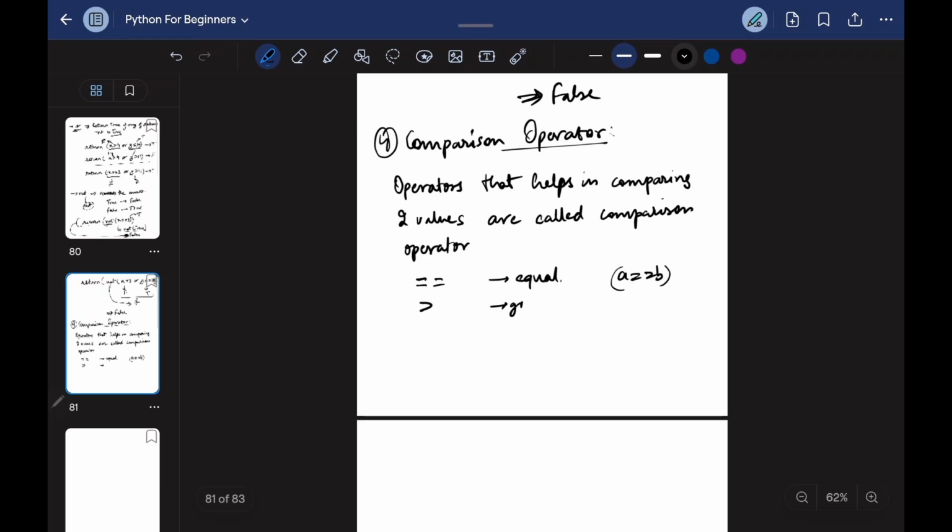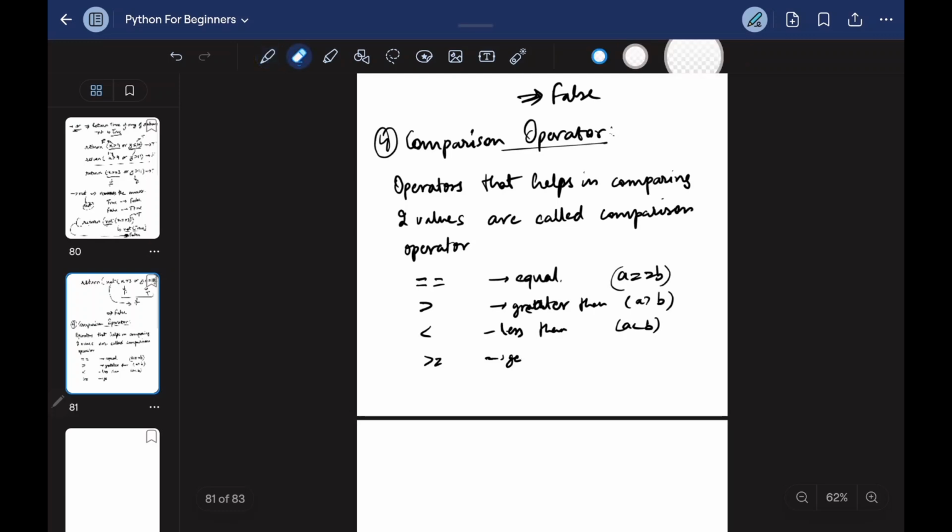Then the greater than sign, which you can use like this: a is greater than b. Less than sign, it can be used as a less than b. Then greater than equal to.